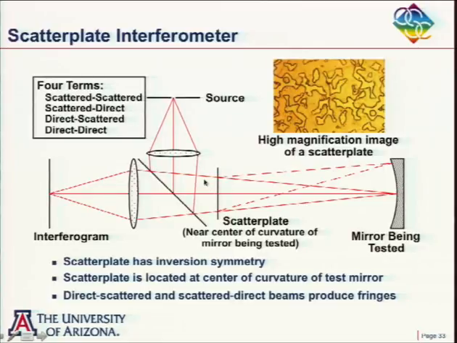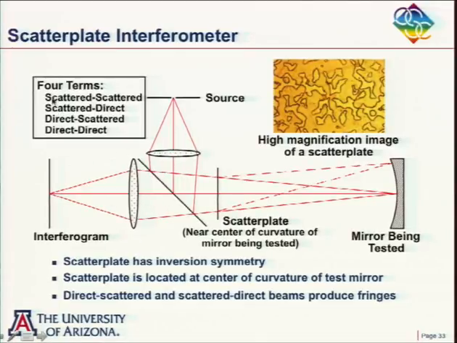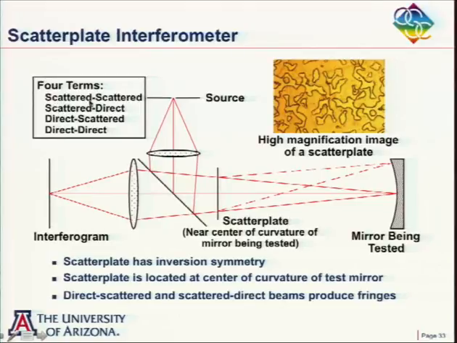So when the light comes back through the scatter plate the second time, two things can happen to it. It can be scattered or it won't be scattered. And so I'll get scattered light and unscattered light coming back. So I really have four beams here. I have a beam that was scattered the first time and scattered the second time.